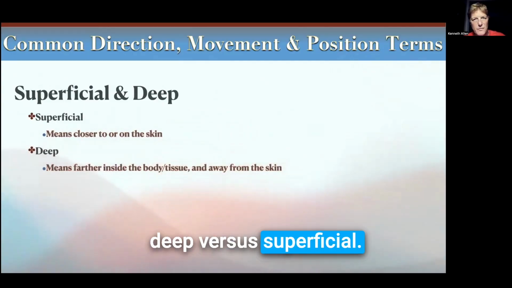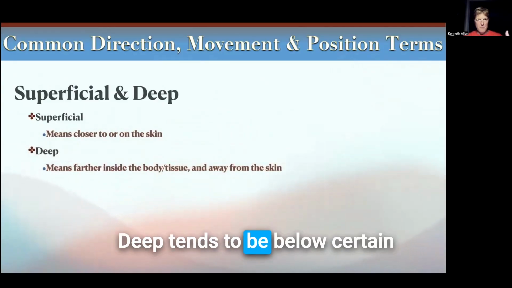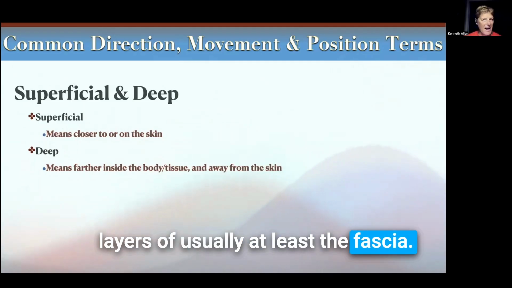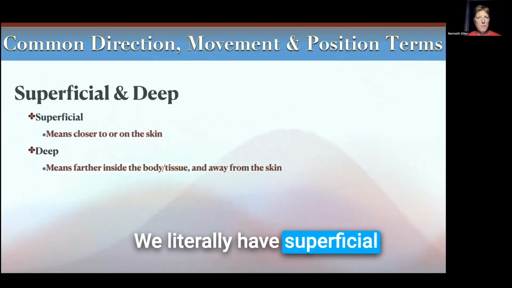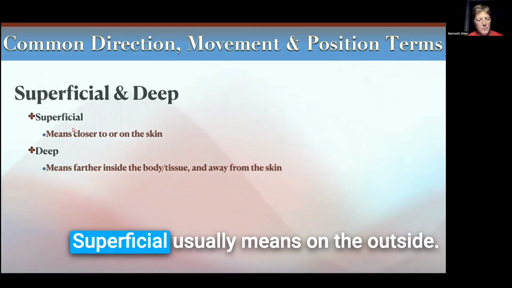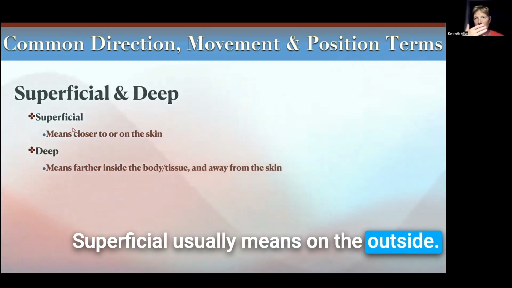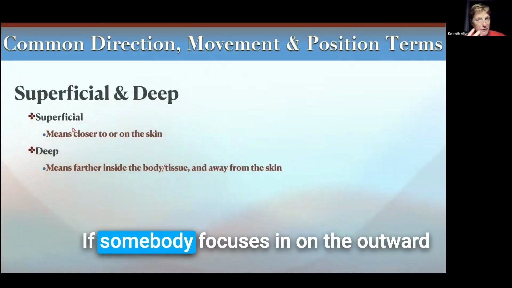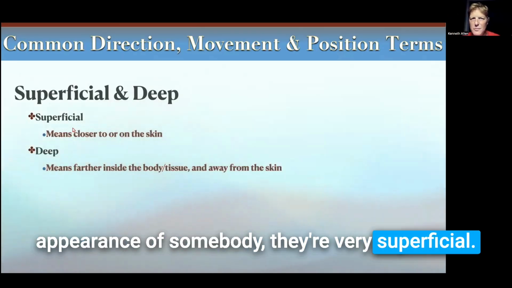Deep versus superficial. Deep intends to be below certain layers of usually at least the fascia. We literally have superficial and deep fascia in our body. Superficial usually means on the outside. We usually use it kind of in a derogatory term. If somebody focuses in on the outward appearance of somebody, they're very superficial.